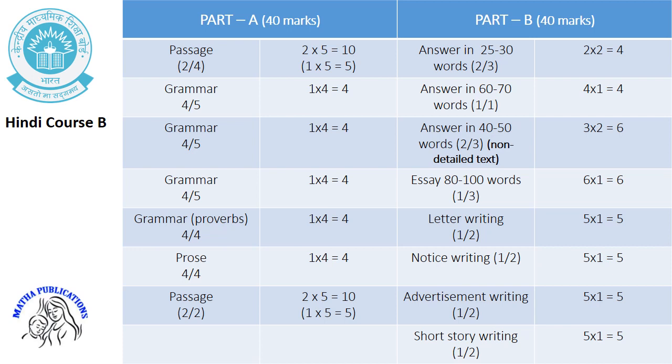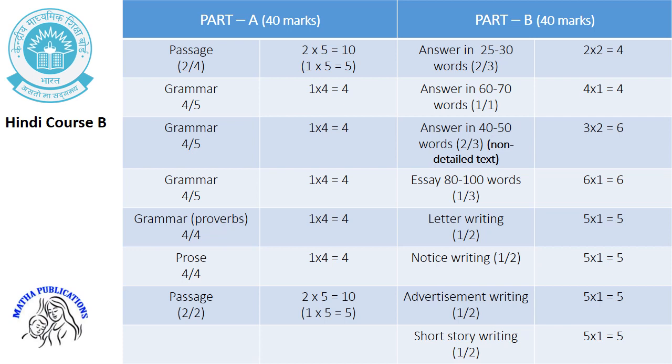There will be 5 objective type questions following every passage, with each question carrying 1 mark. Therefore, you will get 10 marks from this portion. Following the passages, there will be grammar questions from 4 different grammar portions mentioned in your syllabus.